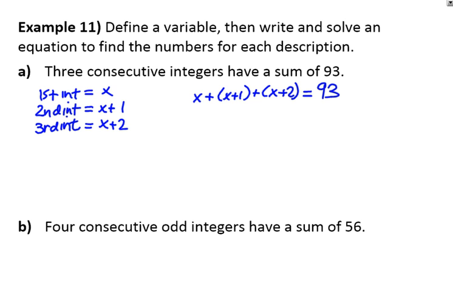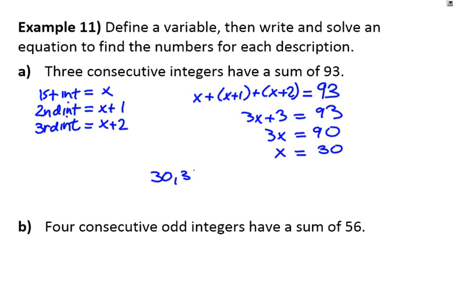Combine like terms, so there's 3 x's plus 3 is 93, 3x is 90, so I'm subtracting 3 from both sides, and then divide by 3, and so x is equal to 30. So our first number is 30, our next one 31, and our third one is 32. So you can double check it, make sure those add up to 93.